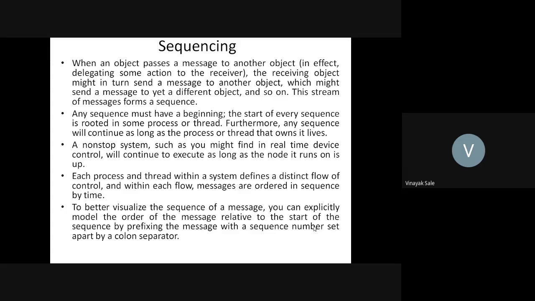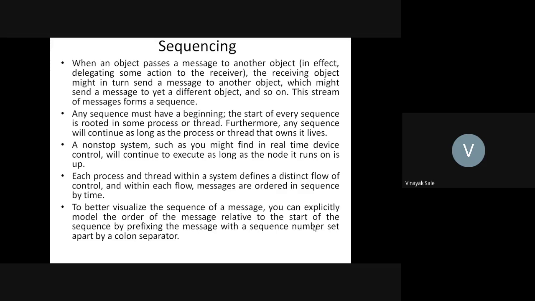To better visualize the sequence of messages, you can explicitly model the order of messages relative to the start of the sequence by prefixing the message with a sequence number.